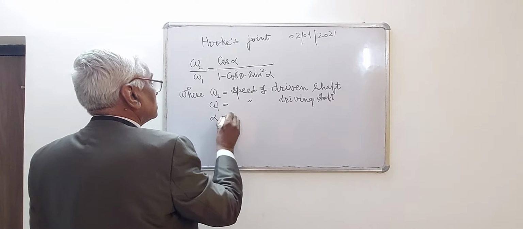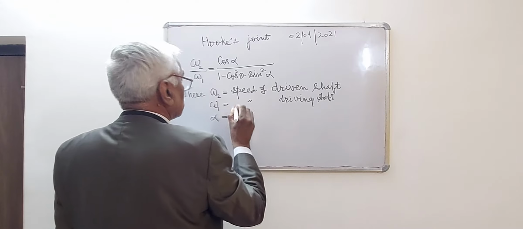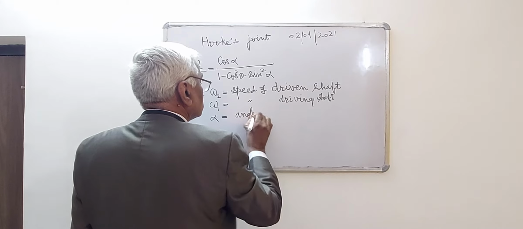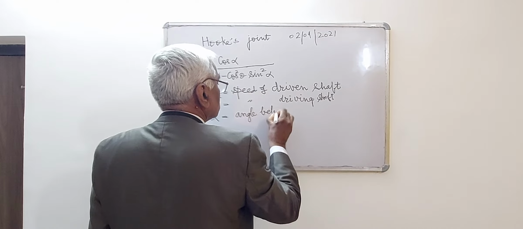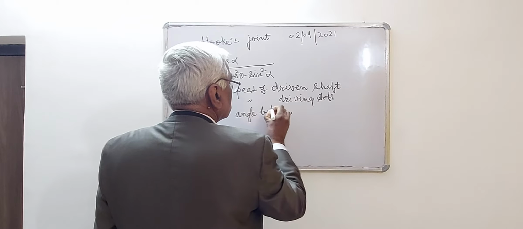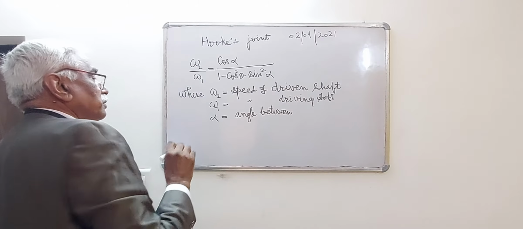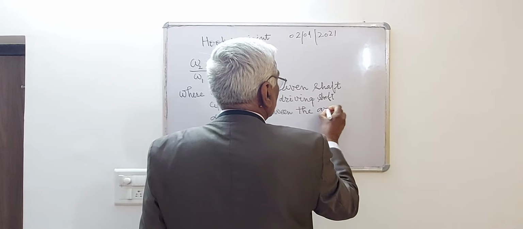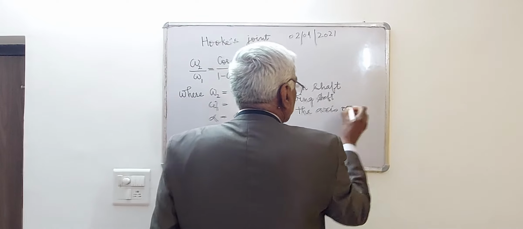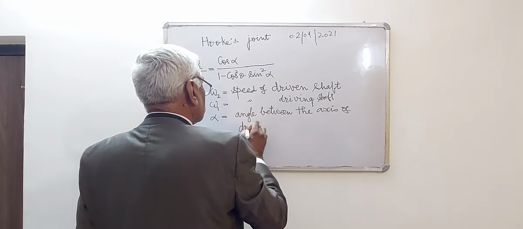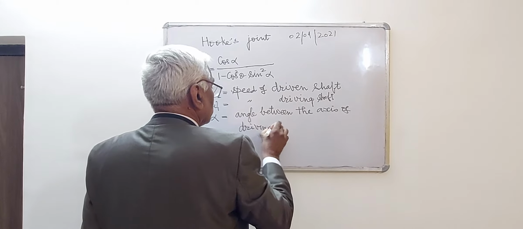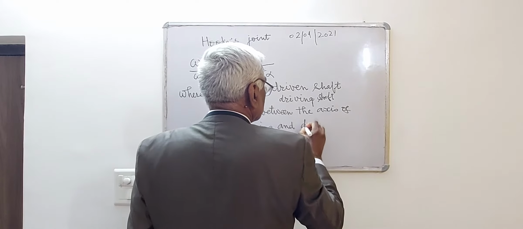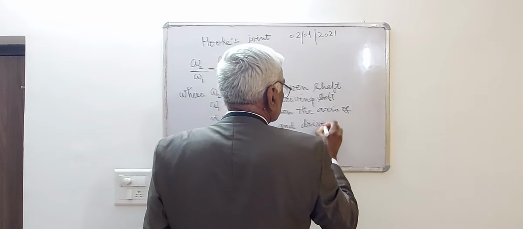Alpha is the angle between the axis of the driving and driven shafts.